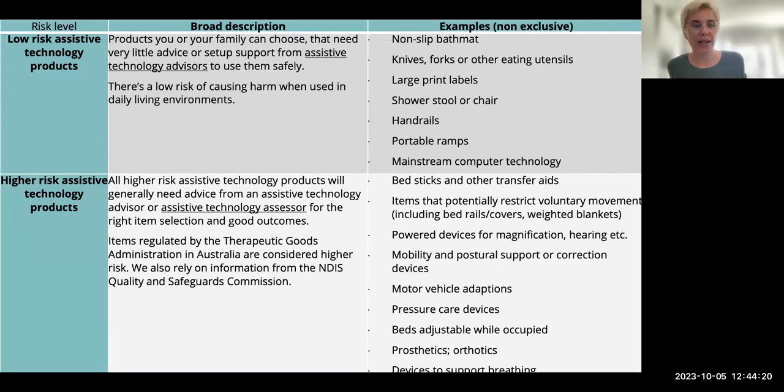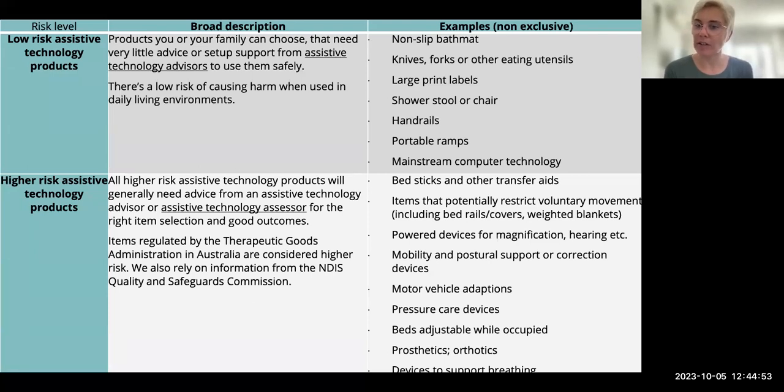Higher risk assistive tech products, like we've said, they need advice for good selection and good outcomes. And the NDIA also relies on information from the NDIS Quality and Safeguards Commission to determine those high risk. So this could be bed sticks and other transfer aids, items that potentially restrict voluntary movement.